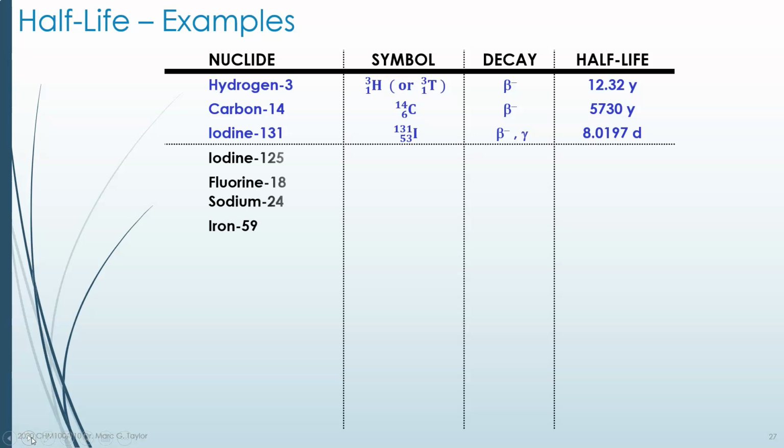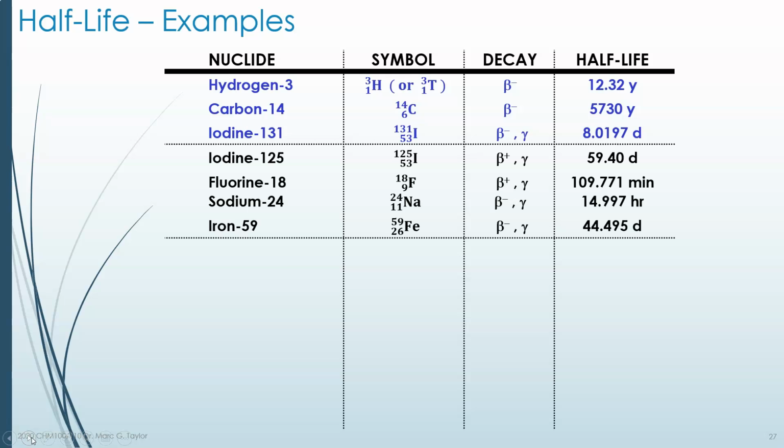Some other isotopes: iodine-125, fluorine-18, which is used in PET scans, sodium-24, iron-59. These are either beta emitters, that's the beta with a minus sign, or the antiparticle of beta, positron emitters, that's the beta with the plus sign.